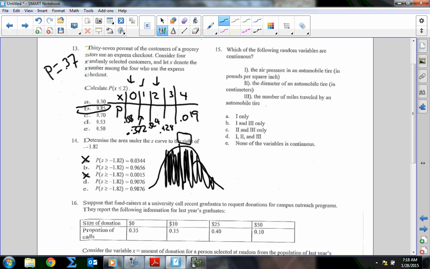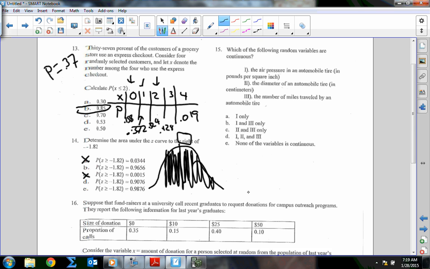Now, luckily, I do know how to read table A, and so I have 2 choices. Table A always gives you area to the left, so if you look up negative 1.82, it's going to give you that stuff right there. So whatever that number is, you would do 1 minus that, because you want the area to the right. What I did instead was, I know that the normal curve is perfectly symmetrical.